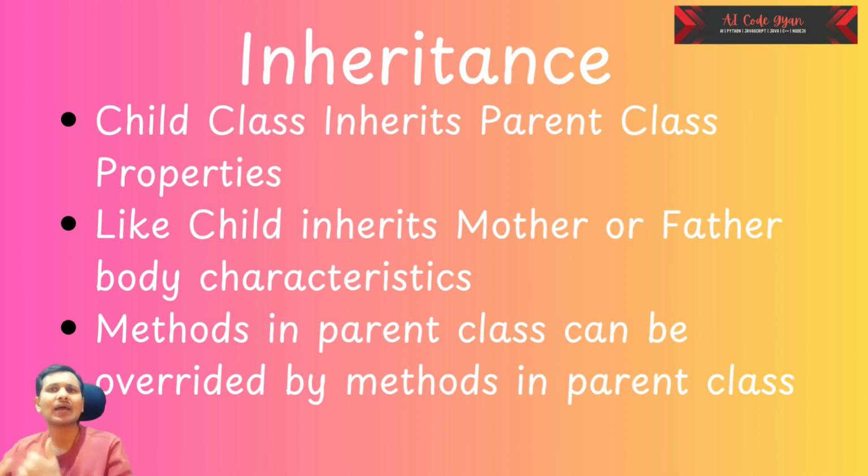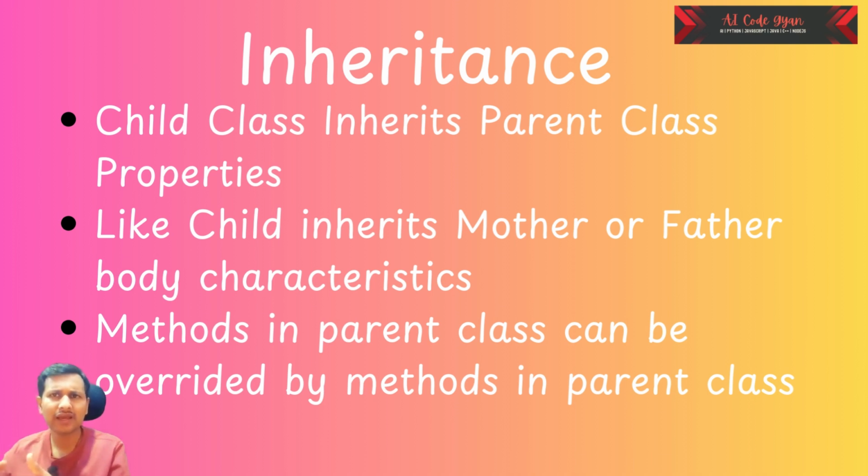And suppose there is a change of characteristics in the child or son, that means it is like overriding that property or characteristic. Similarly, we have types of shapes.